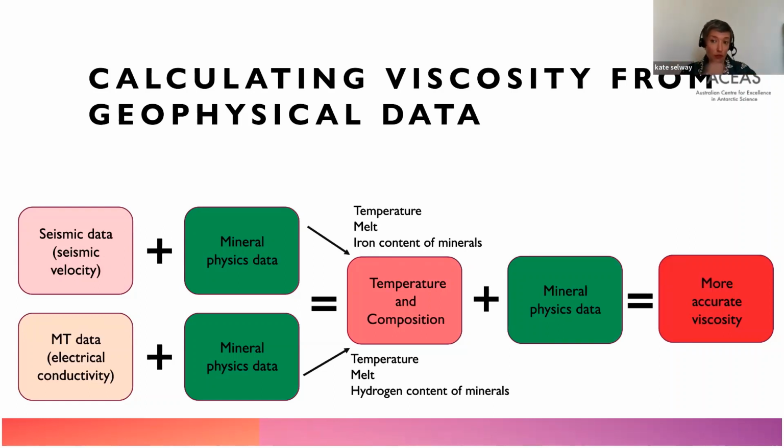They both respond to the temperature of the Earth, so combining them can improve the constraints on temperature. They are both affected by partial melt in the Earth, and then have slightly different compositional effects. And really importantly, the electrical conductivity is quite strongly affected by the hydrogen content of some minerals in the mantle, which also really strongly affects viscosity. So by combining these two types of data, we can produce more accurate models of Earth viscosity.